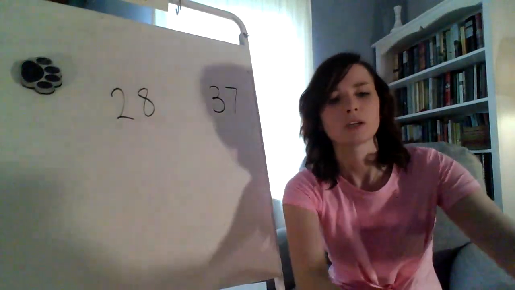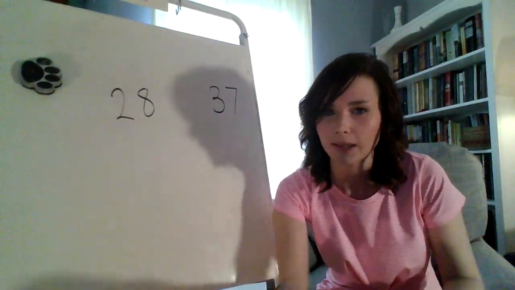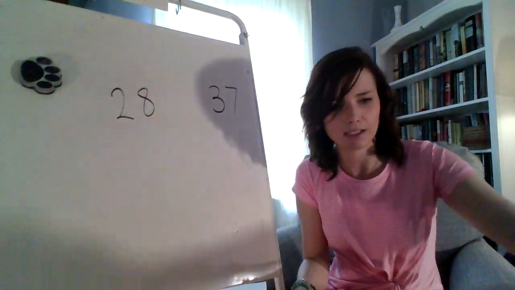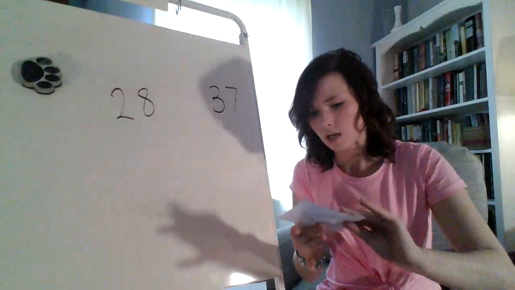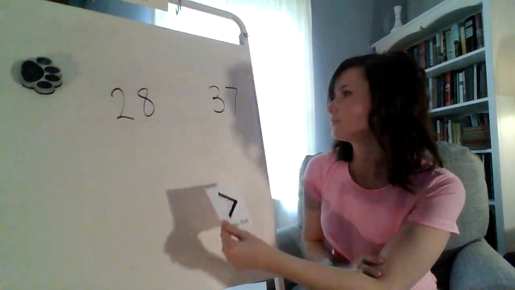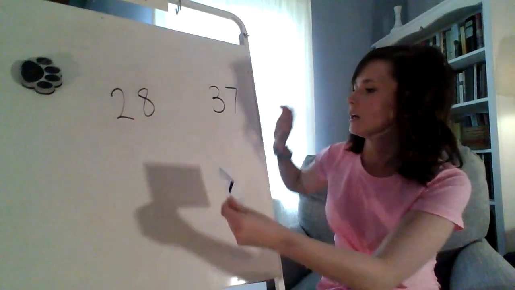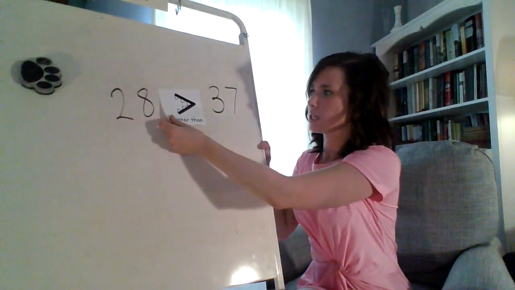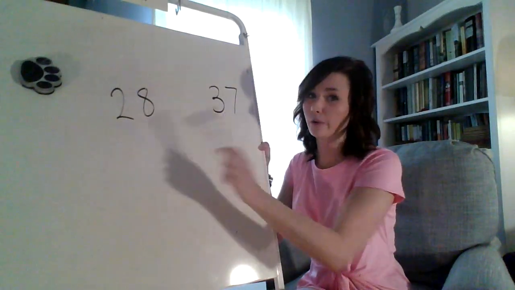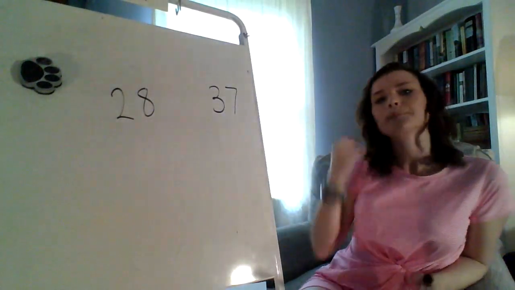All right, I have my Chompy cards with me, so you can help me decide. No, I don't have them. I only have one. All right, so I have one of my Chompy cards here with me. Is 28 greater than 37, or is 37 greater than 28?